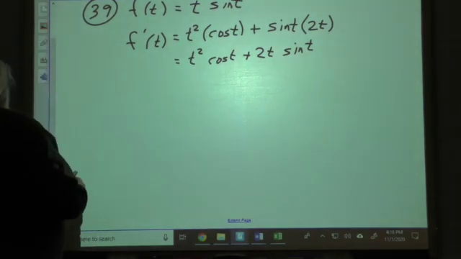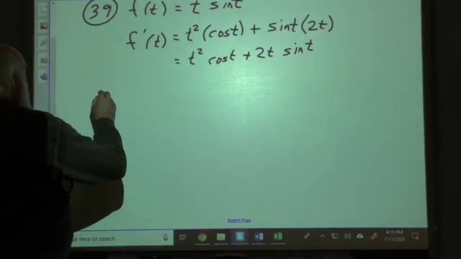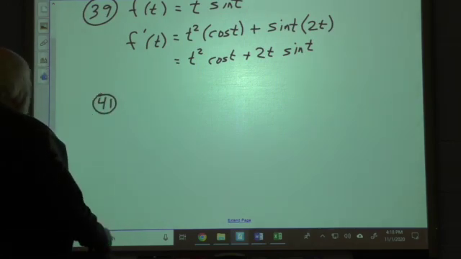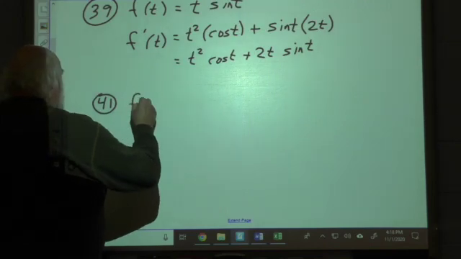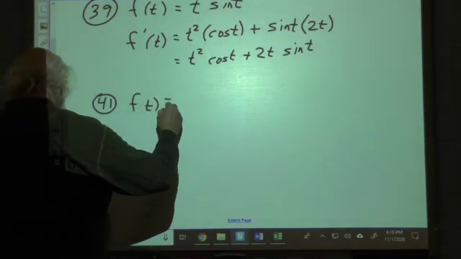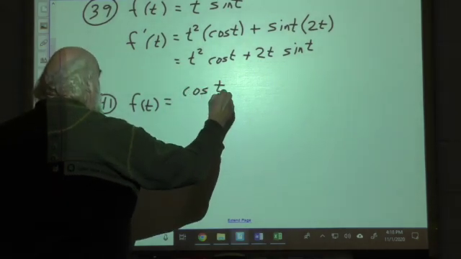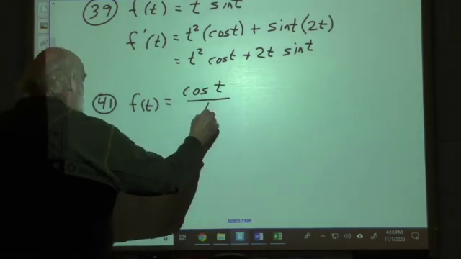So I thought I'd do one with the law of quotients to show how that works. Number 41 has the function f of t equals cosine of t over t.